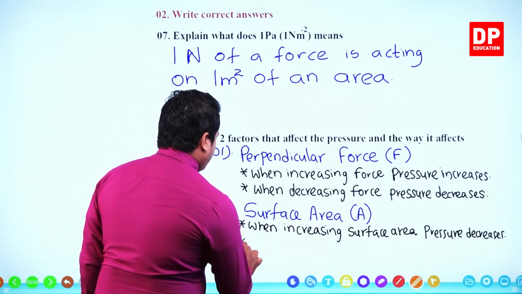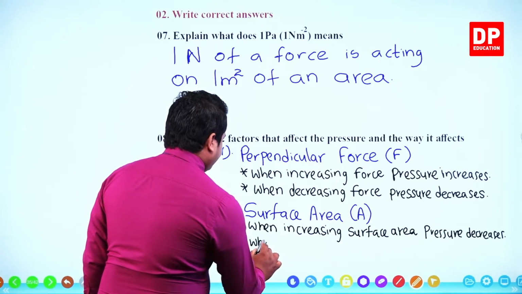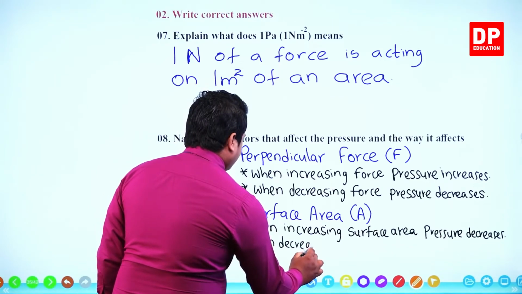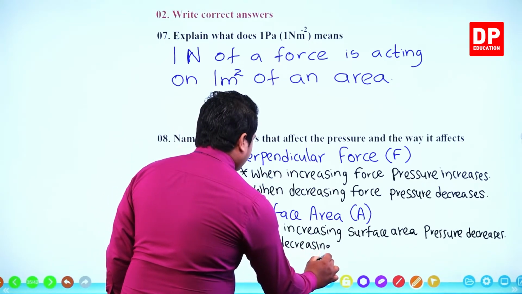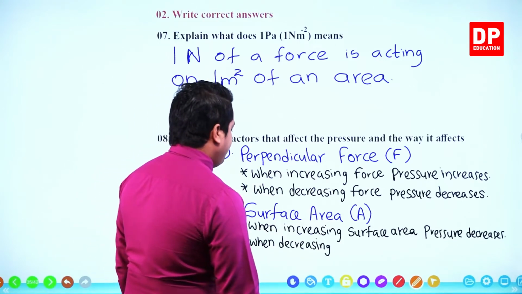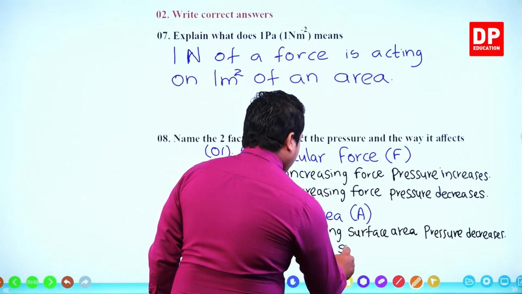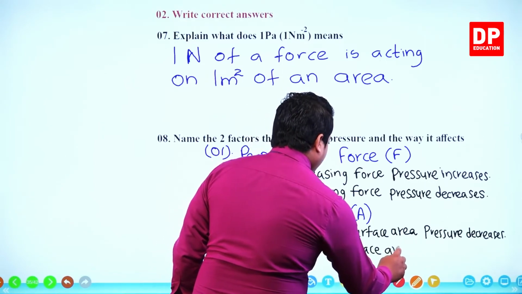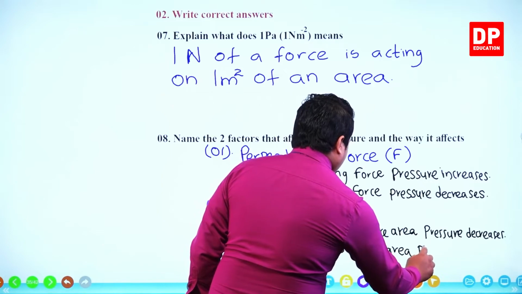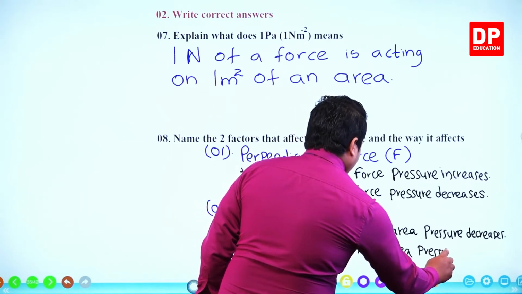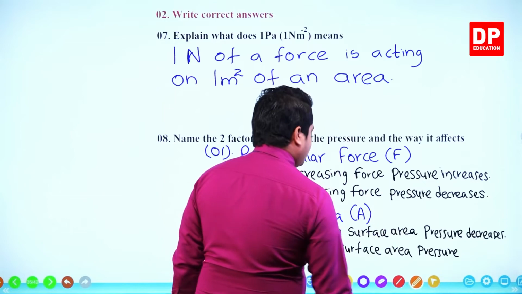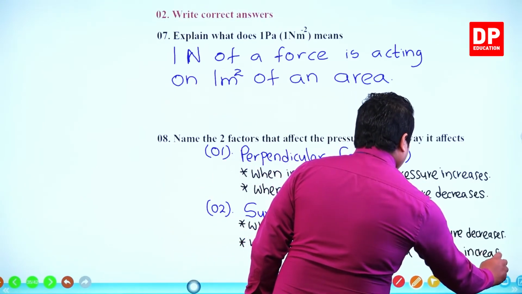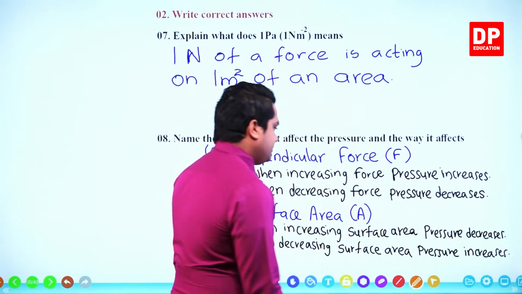Then in opposite, when decreasing surface area, pressure increases. Right?